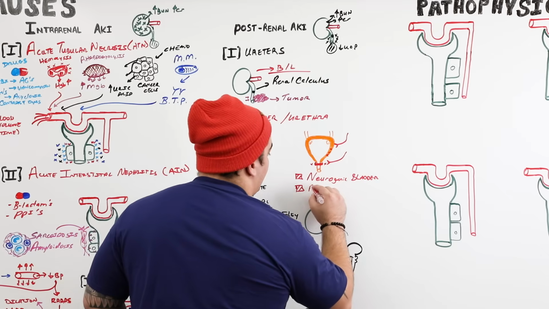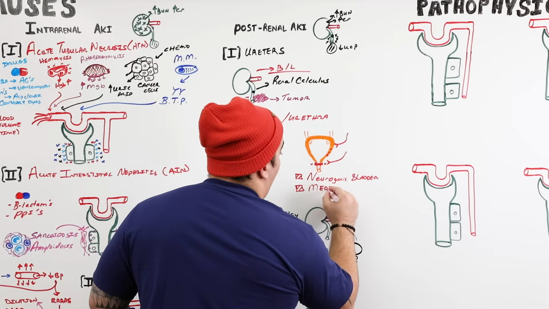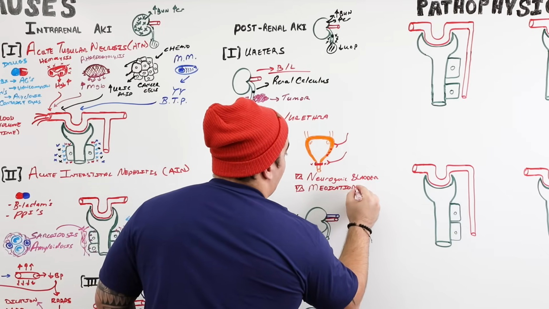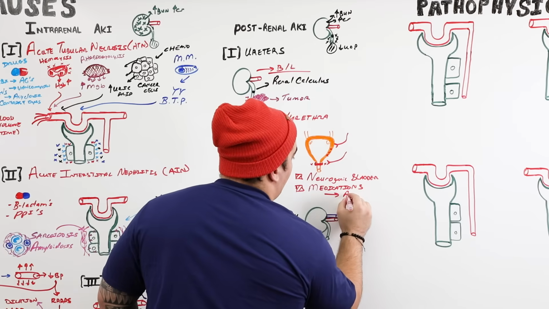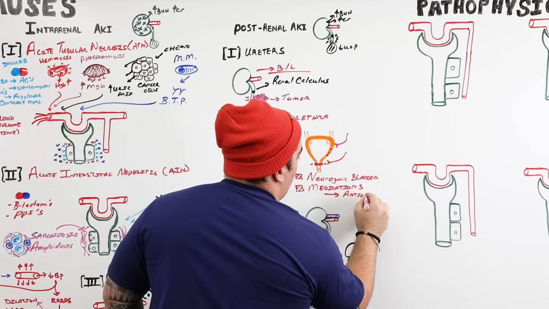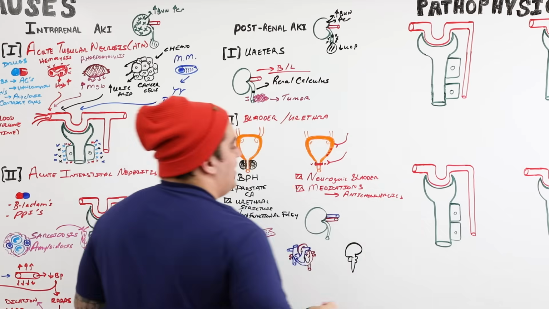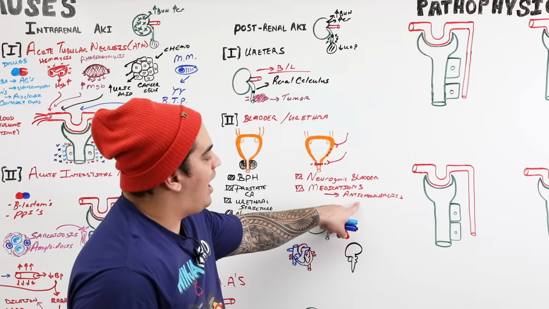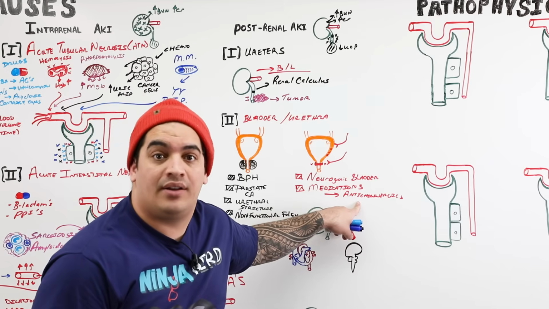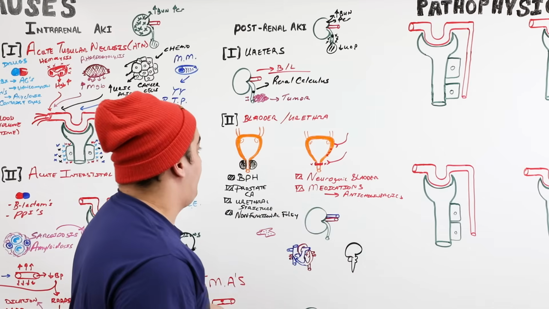The best ones to remember here are the anticholinergic medications, drugs like oxybutynin, tolterodine, and solifenacin, things of that nature.